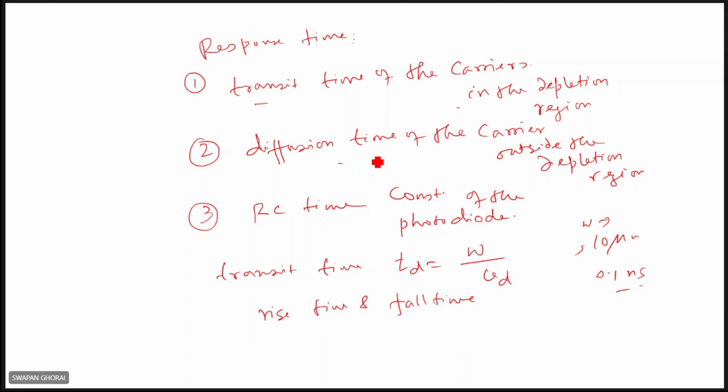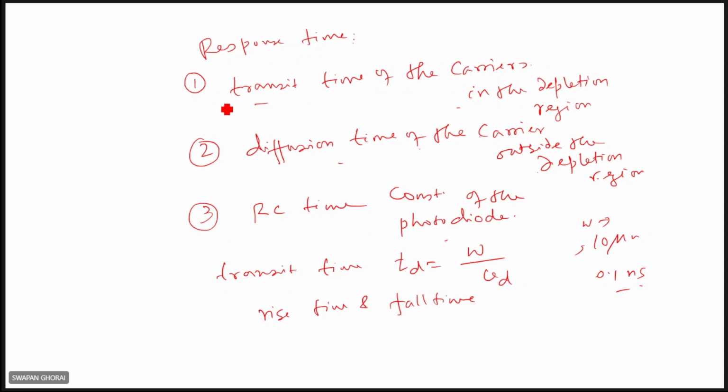Next is the diffusion time of the carriers that are generated outside the depletion regions. We have seen carriers can be generated in the P region and N region, so there is a diffusion time constant. And also it depends upon the capacitive effect of the photodiode, that is the RC time constant of the photodiode.